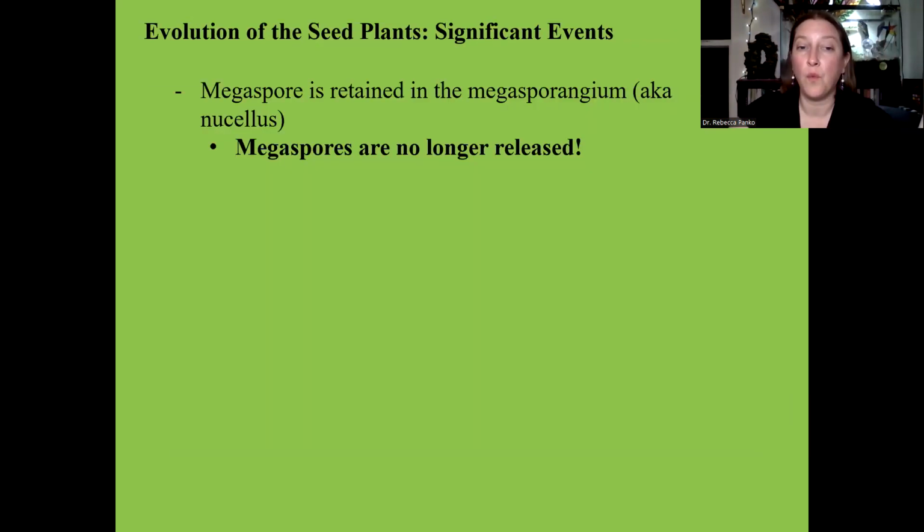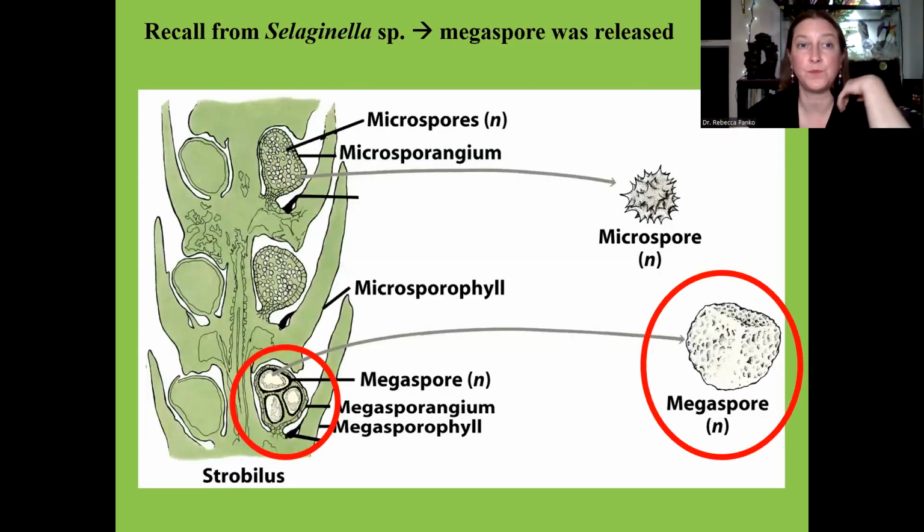So one thing that's new is a significant event. See the title of the slide, significant events. One significant event is that the megaspores are no longer released and that they stay inside the megasporangium. That's one significant event in the evolution of the seed plants.